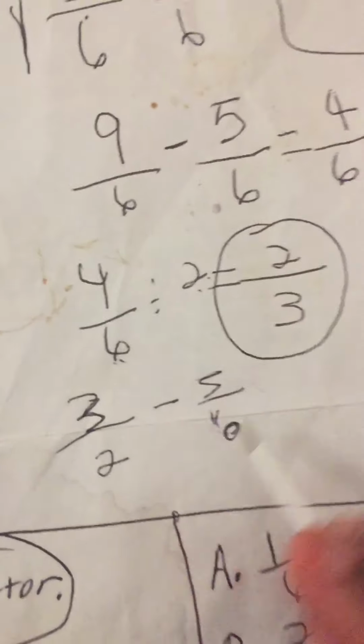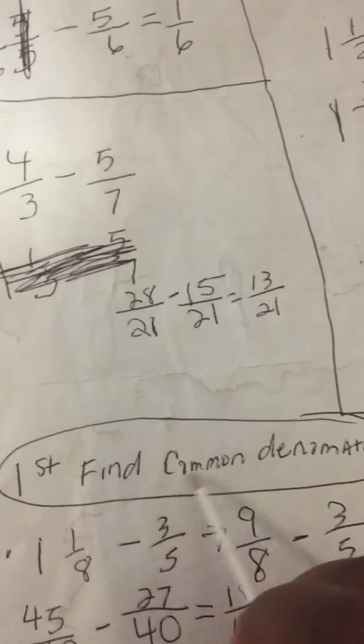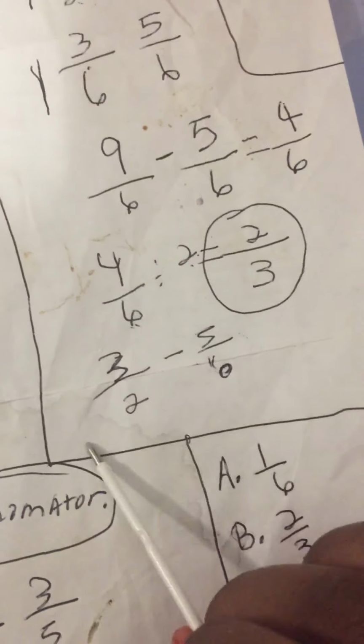All right. So what we really got to do every time when it comes to a problem like this that doesn't have the same denominator, we have to first find the common denominator. So the common denominator is something that's found in both of these multiples.